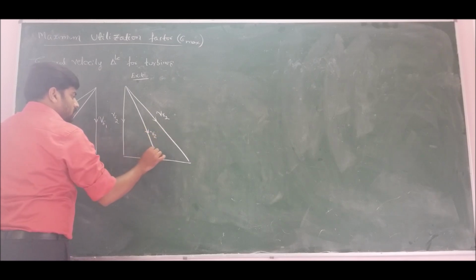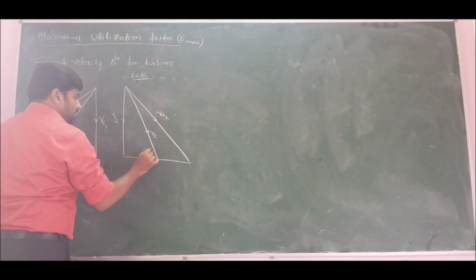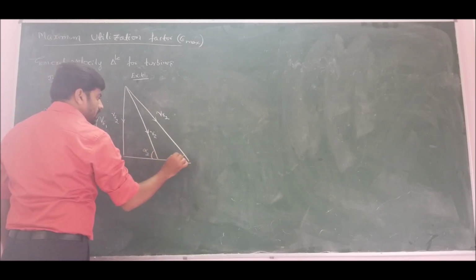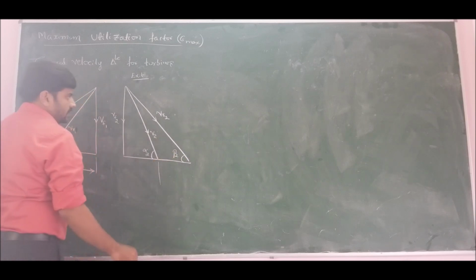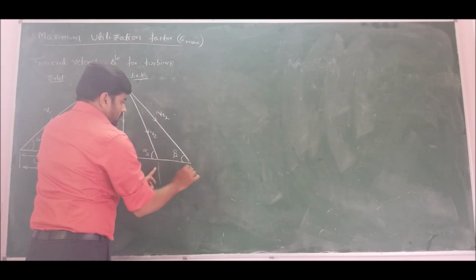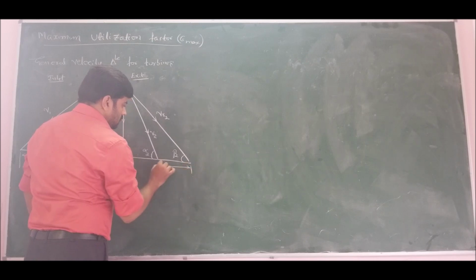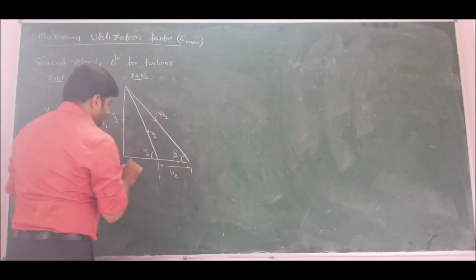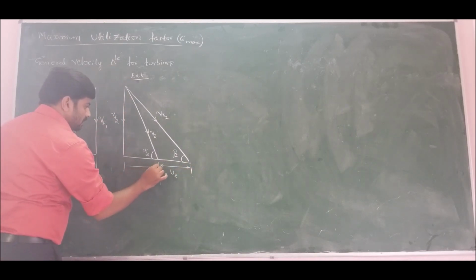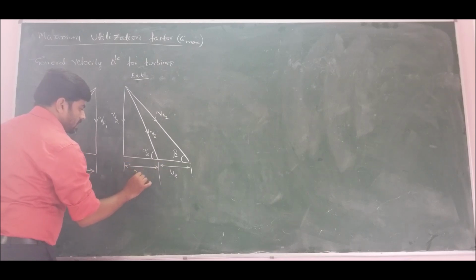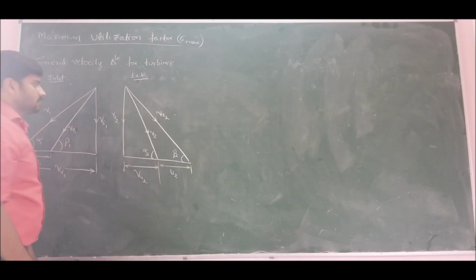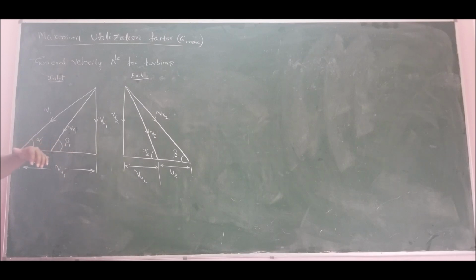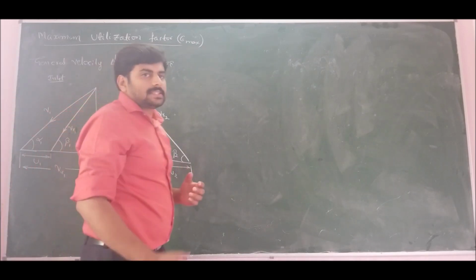The absolute velocity V2 makes the nozzle angle at exit, alpha 2, and the relative velocity makes the blade angle, beta 2. Absolute velocity is taken as the reference. Between absolute and relative is the blade speed, u2. Between absolute and flow is the tangential component of absolute velocity, Vu2. So this is the inlet and exit velocity triangle for turbines in general.